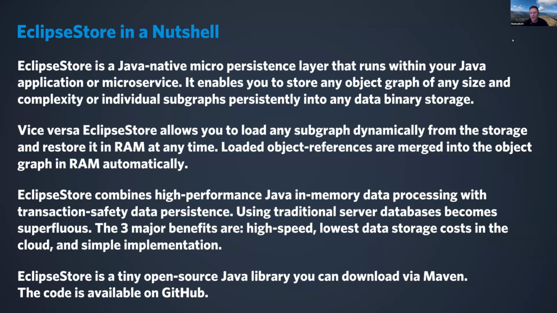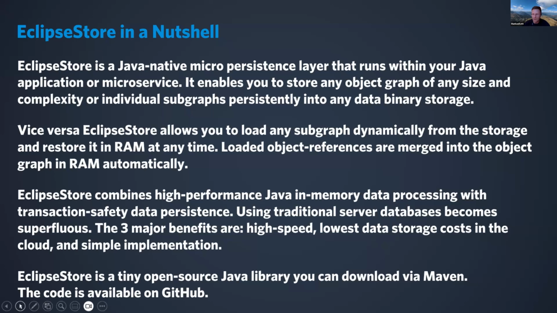And of course, a traditional database is not required anymore. So it's really database-less data processing. I mentioned the three major benefits are high speed in-memory data processing, lowest data storage costs, and simple implementation.